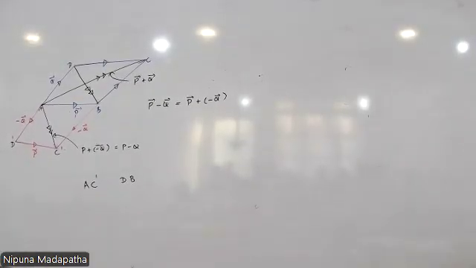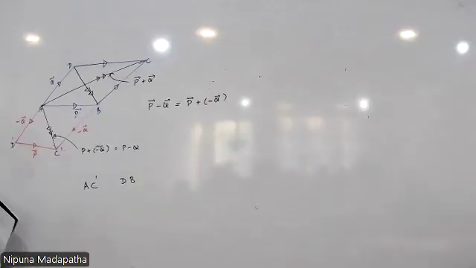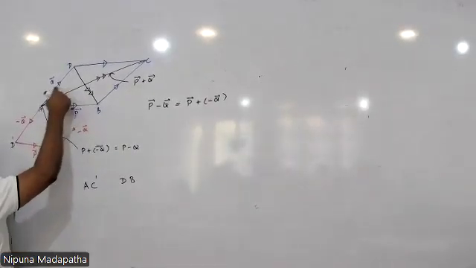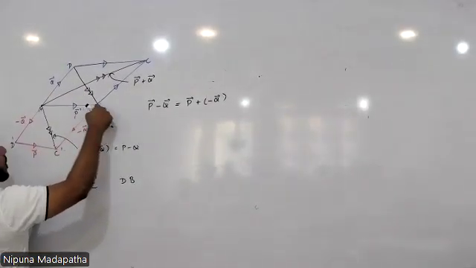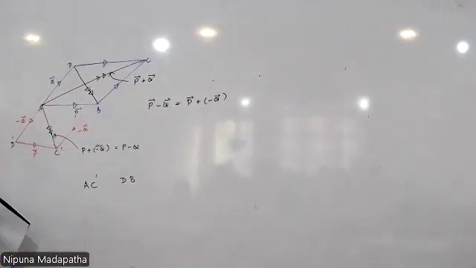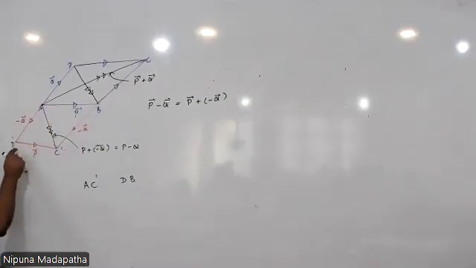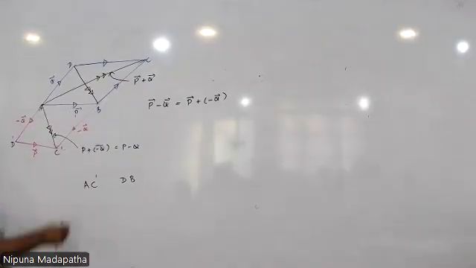They are parallel. Yes, parallel. What else? Look at the sides. Make the parallelogram again. One side is P, the other one is Q. One side is P, the other side is minus Q. The magnitude is the same, which means all sides are equal.